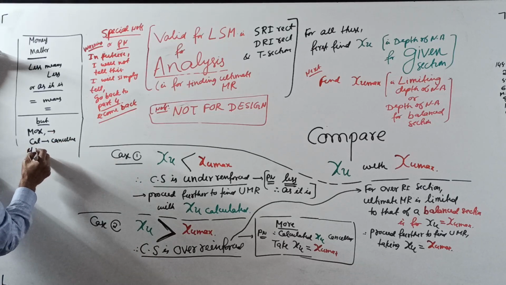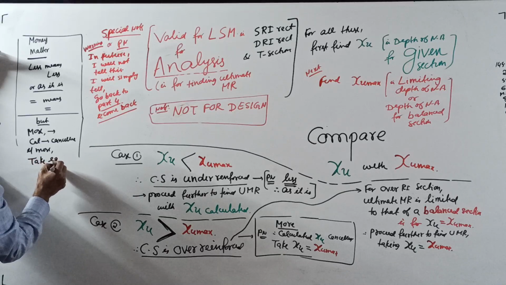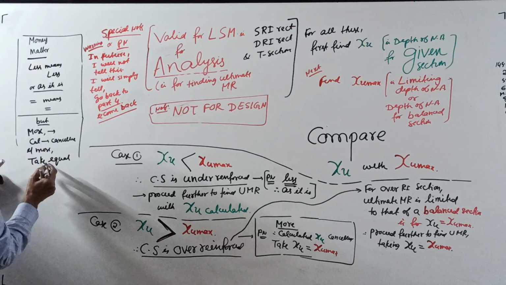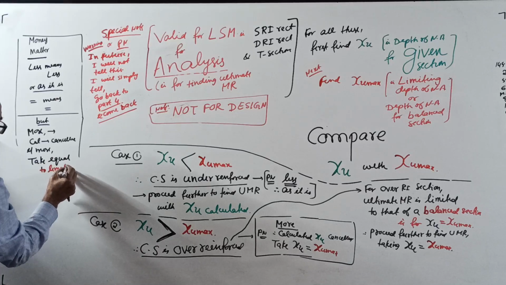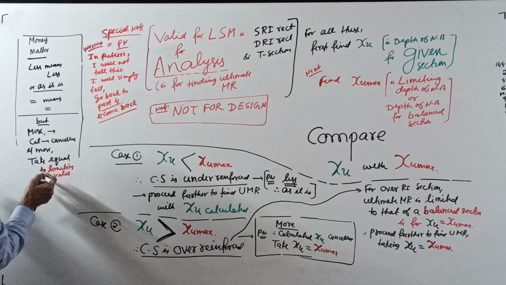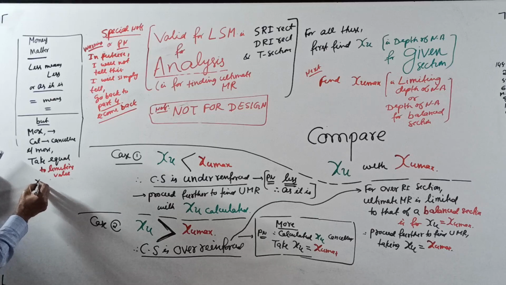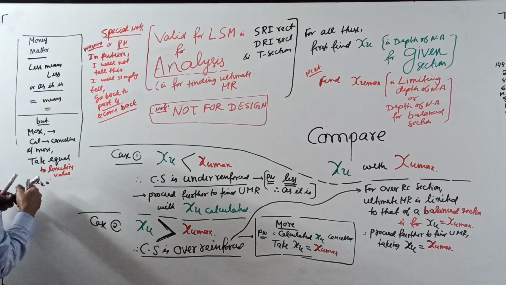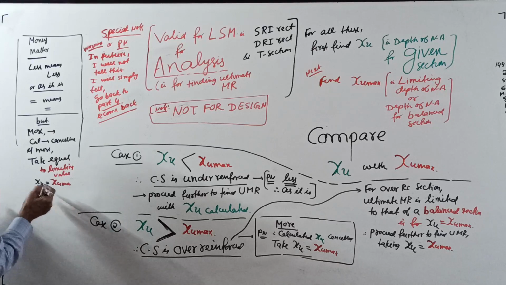If more, take equal to limiting value. Red color, limiting value. That is, XU equal to XU max, and proceed further.